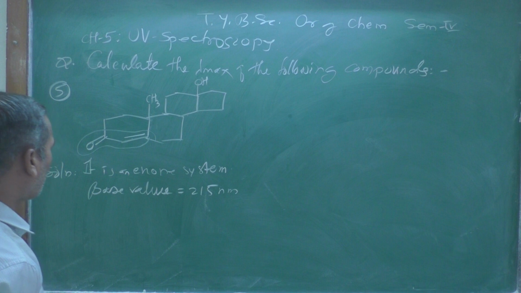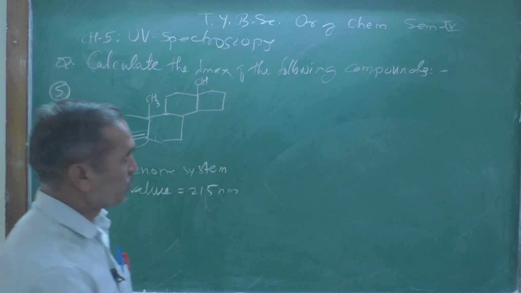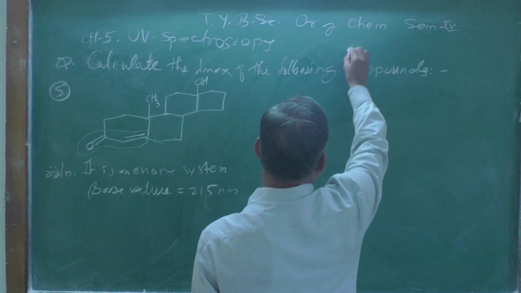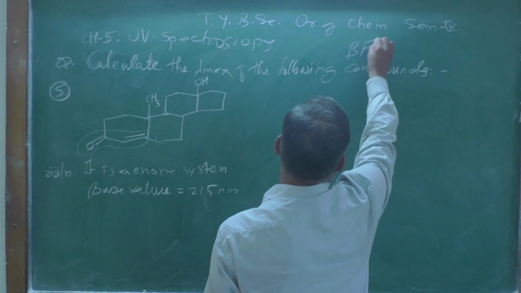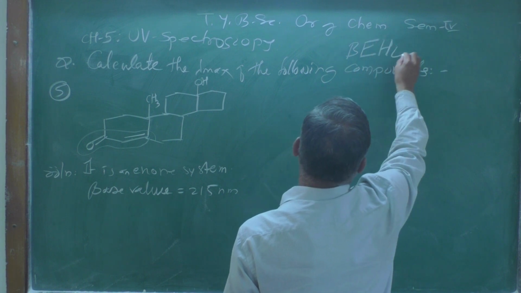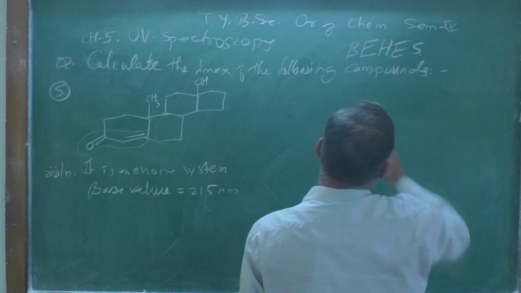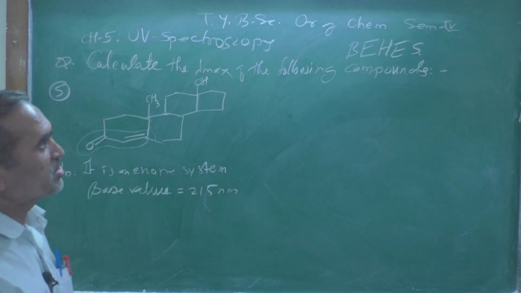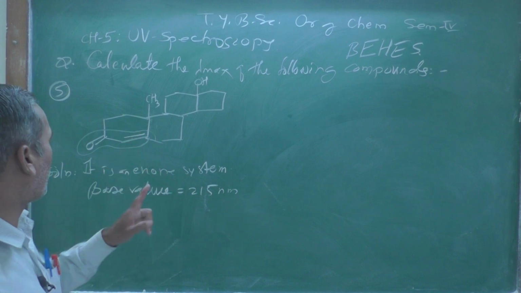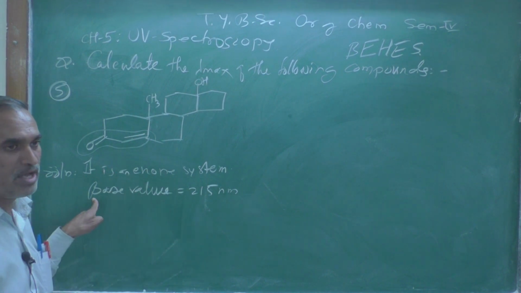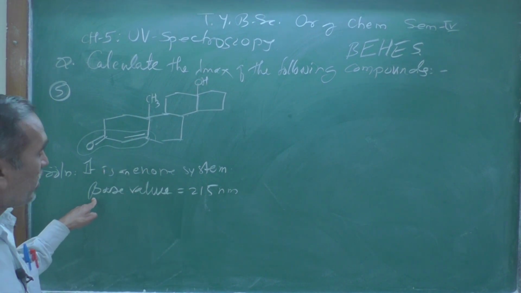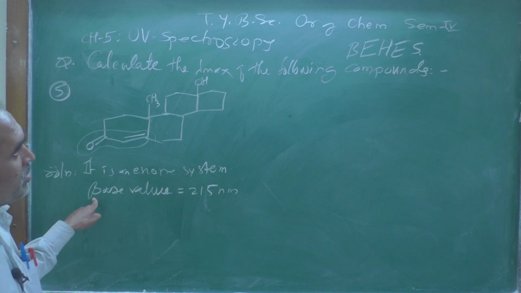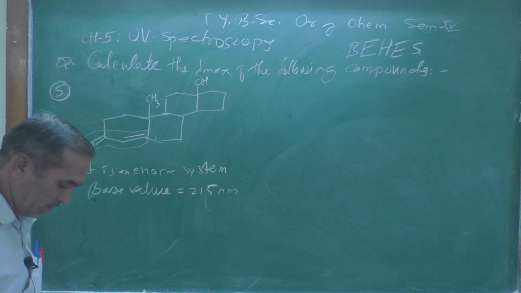And now, what is our standard formula while solving this kind of problem? Base, BESS. B stands for base value, which we just wrote here. Now E stands for exocyclic.